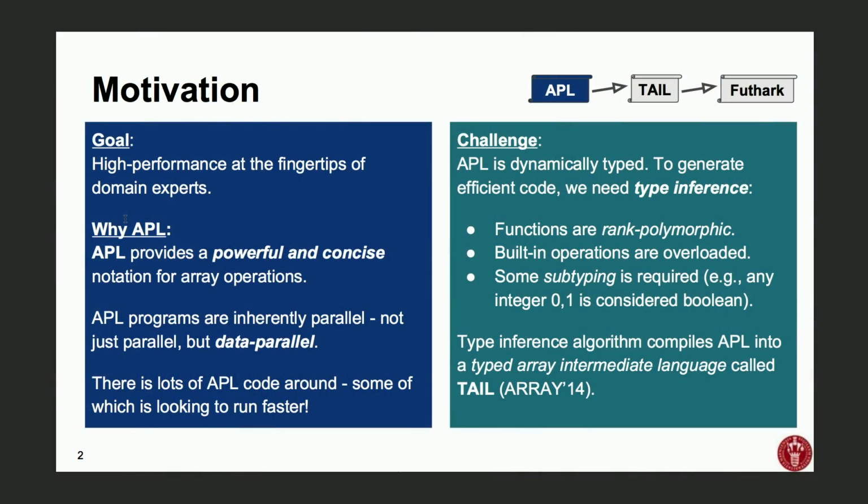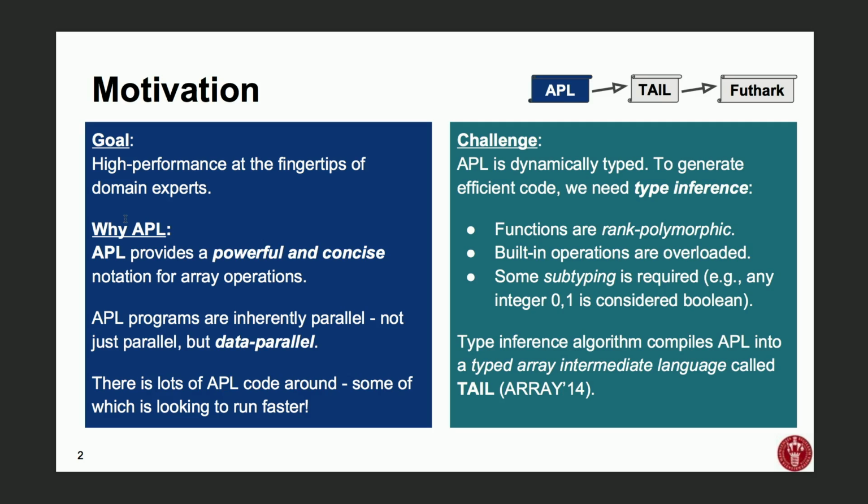So let me just give a little bit of motivation first. The goal here is, of course, to provide this high performance at the fingertips of domain experts. And the reason that APL is particularly useful here, also as a way of exploring possibilities, is that it has these powerful and concise notations for array operations.